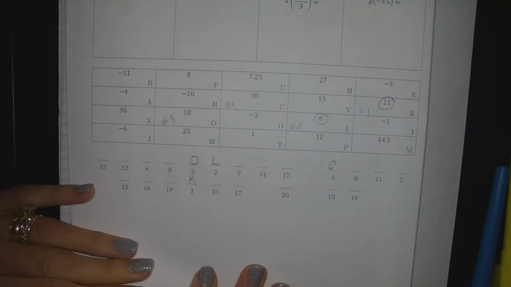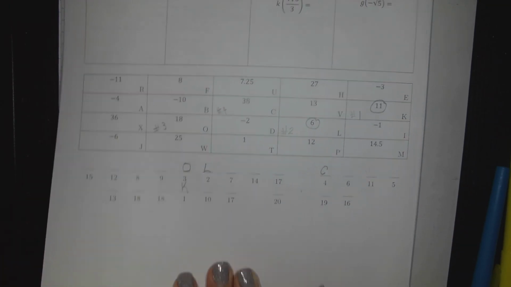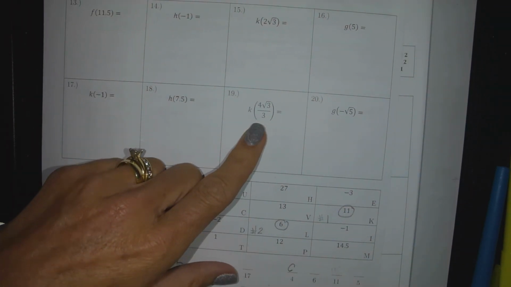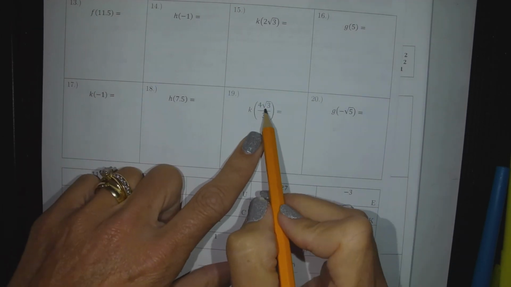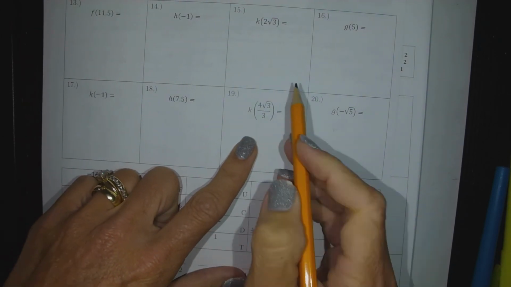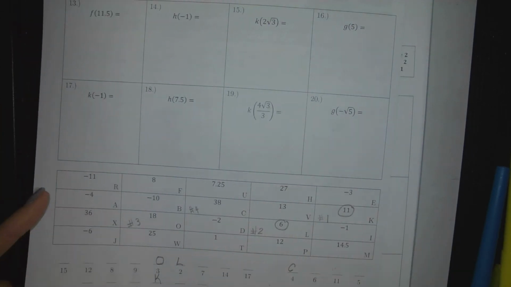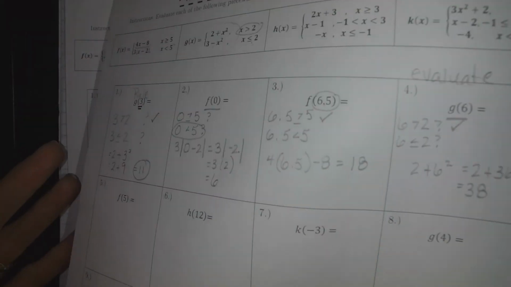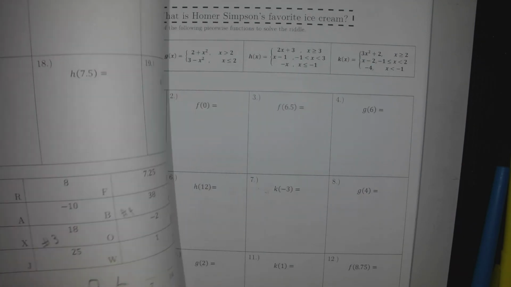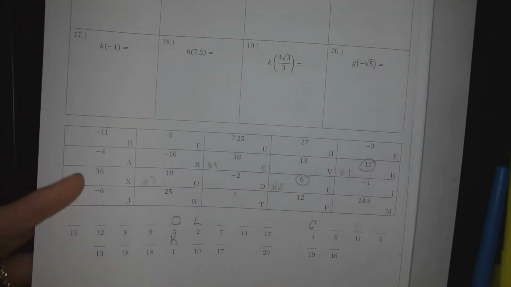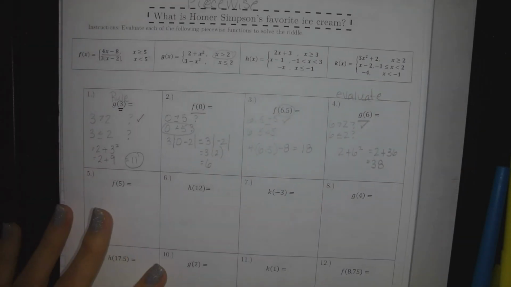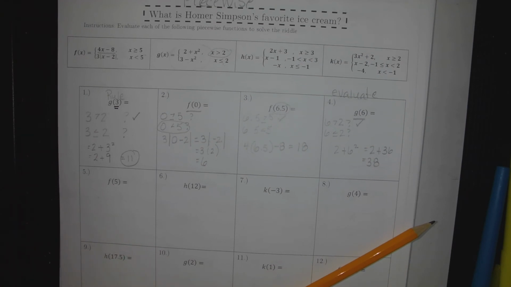Okay, I happen to know the answer, but on these where you have the square root, put this in your calculator literally as it is, and believe it or not, you will get a whole number. So just be careful, okay? This is your homework. Do 1 through 20, and here's your riddle, and you will turn this in tomorrow, okay? Good luck, and take your time and use your calculator.